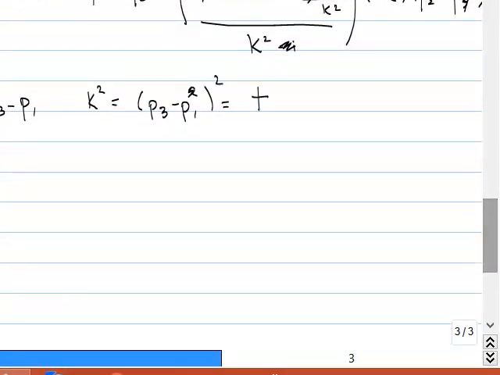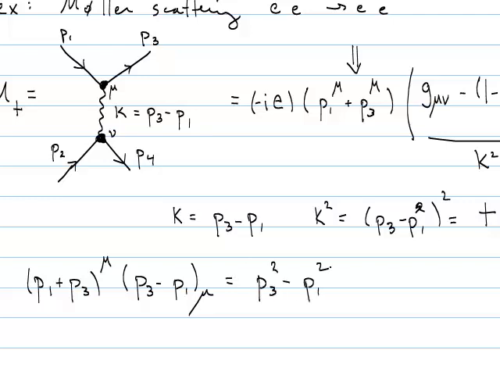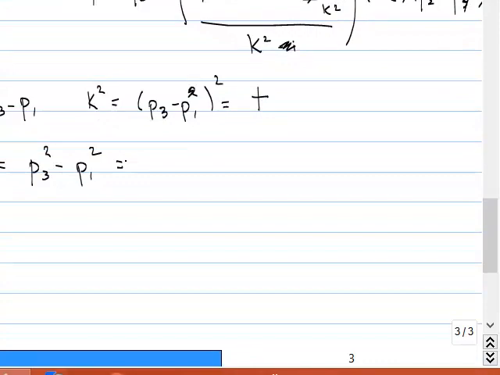So the first thing that we should notice is what happens when we contract this term here with that K over here. You get a p1 plus p3 contracted with K, which is p3 minus p1. So what is that? That's p3 squared minus p1 squared. All of the external states have p squared equals m squared, where m is the mass of the electron.